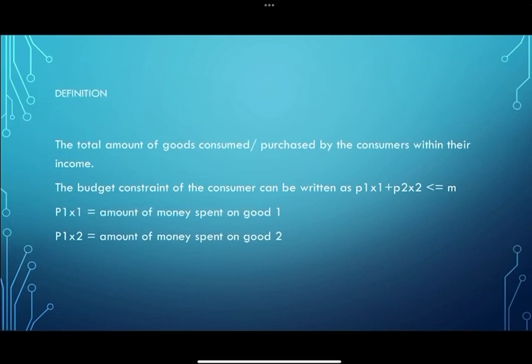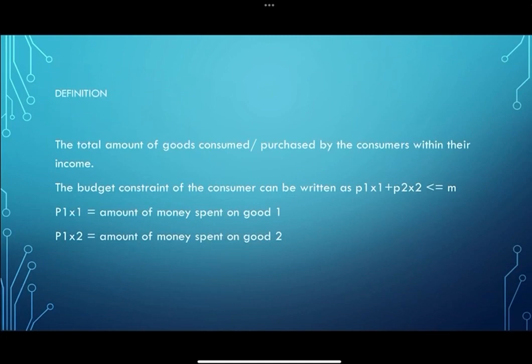Okay, definition of budget constraint: the total amount of goods consumed or purchased by the consumer within their income is known as budget constraint. The equation of this budget constraint can be written in the form of P1 x1 plus P2 x2 less than or equal to M. It means that whether you spend less than your income or equal to your income, that is called budget constraint.